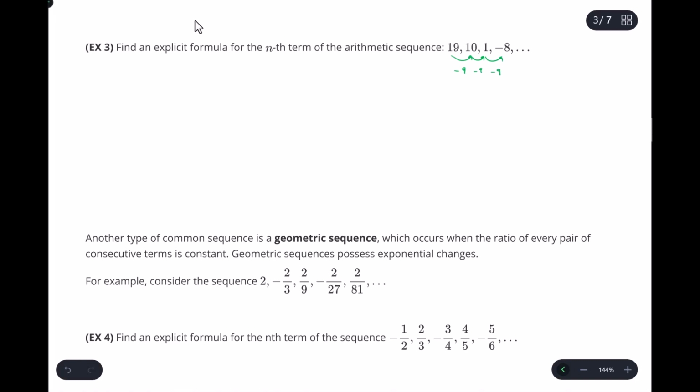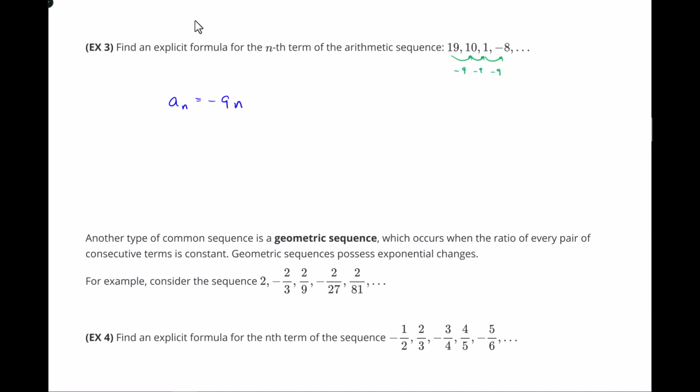So that tells me that the slope of this is negative 9. But it didn't start at negative 9. I started at 19. So I need to adjust this so that I start at 19 instead.